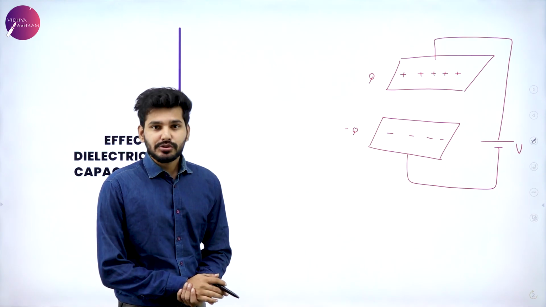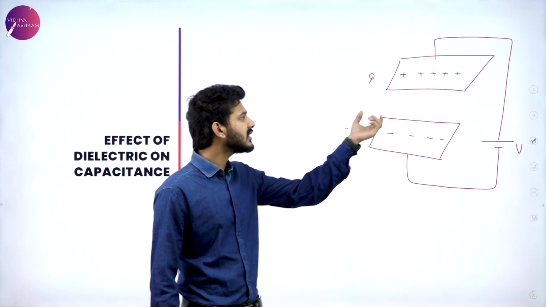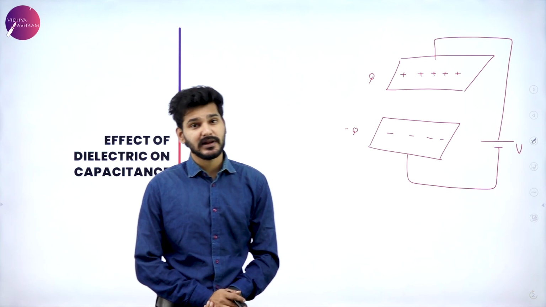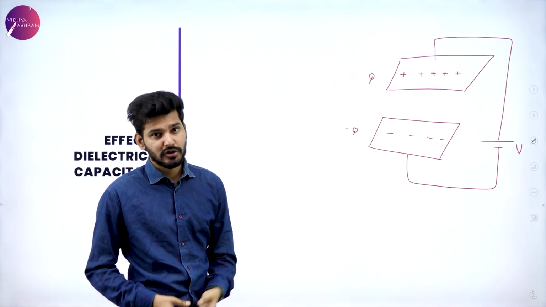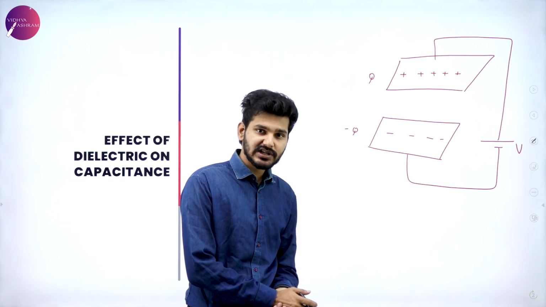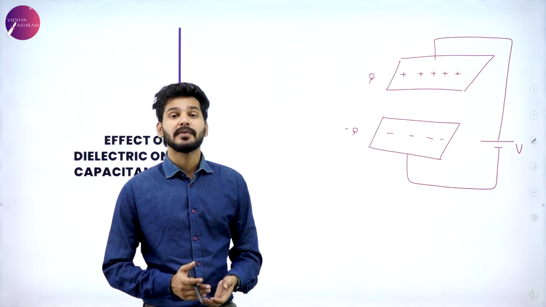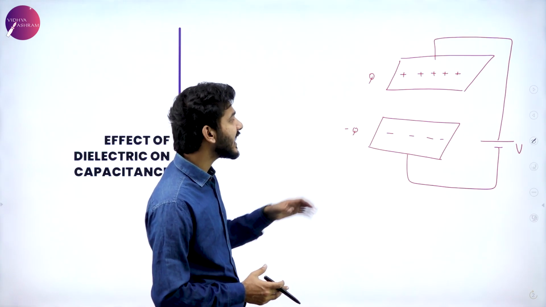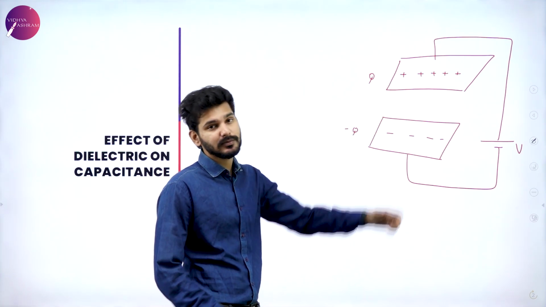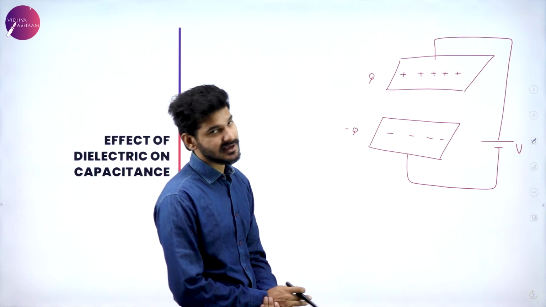Now what I'm going to do is that instead of air being the medium in between these two parallel plates, I'm going to introduce a dielectric medium. We already saw that dielectrics are basically insulators. They prevent the flow of current. So what happens if I place a dielectric in between these two parallel plates?